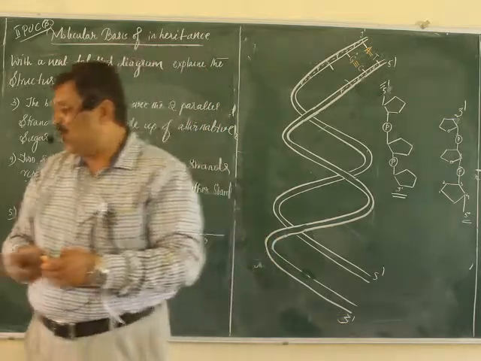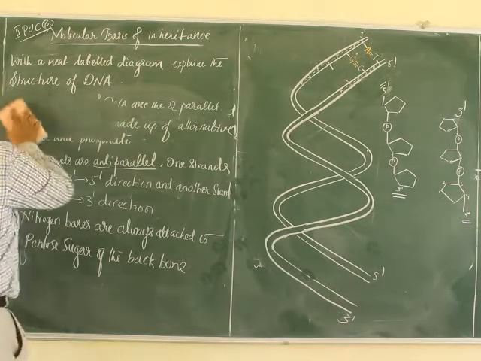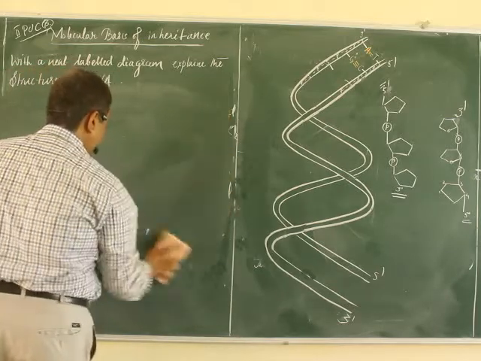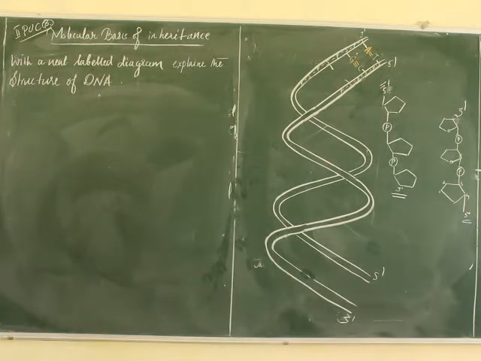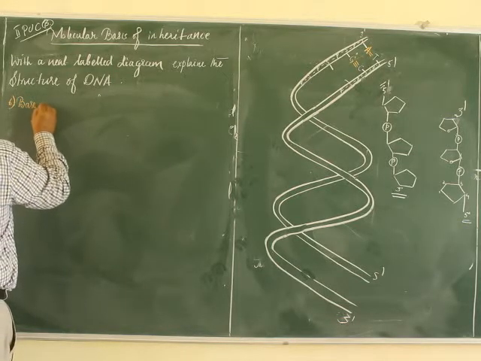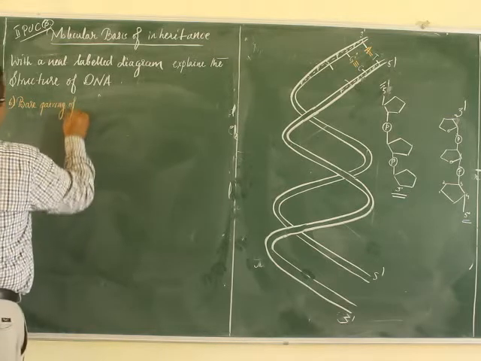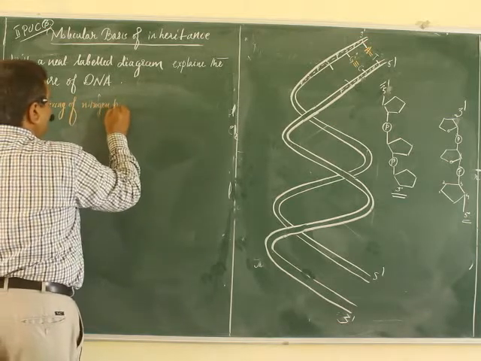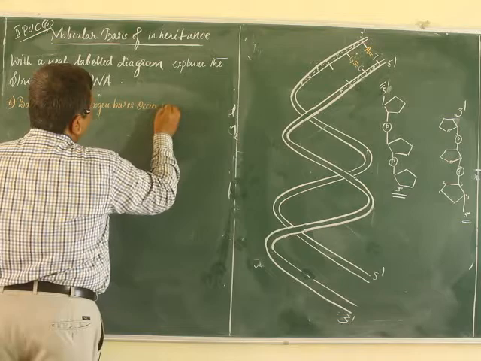So what is the next point that we should remember? That is the sixth point. Base pairing of nitrogen bases occurs in a particular form.